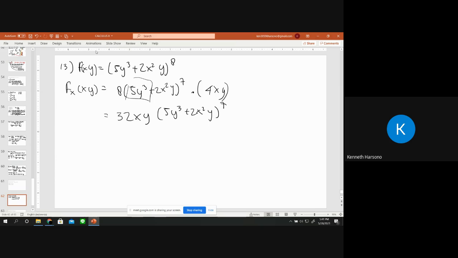So you have to keep this one, and the second one is same as previous one. So times the derivative in respect to y.